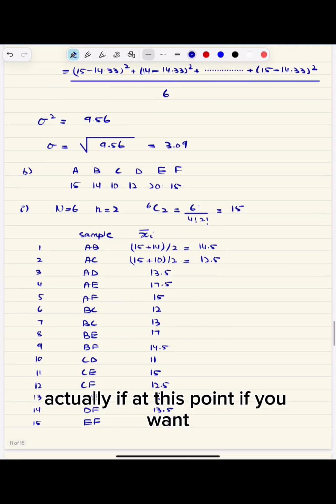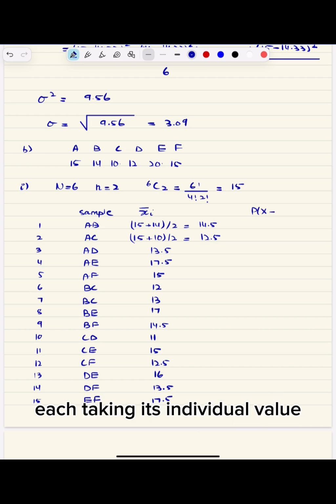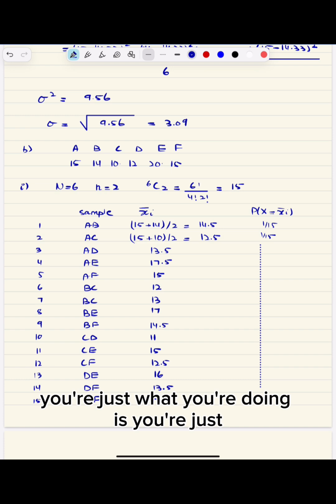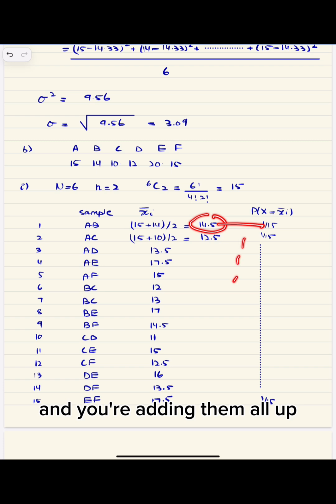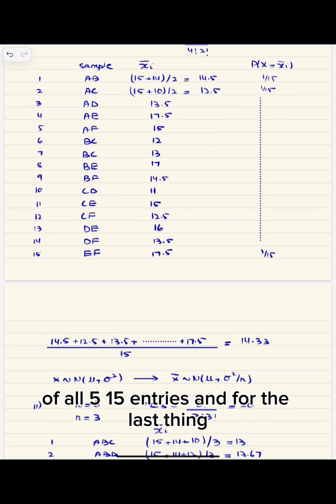Actually at this point, if you want, you can even state the probability of each taking its individual value, which we know is just 1 by 15, 1 by 15, and so on. So when you're taking out the expected value, what you're doing is you're just multiplying each entry with the probability and you're adding them all up. It amounts to the same thing as taking the average of all 15 entries.